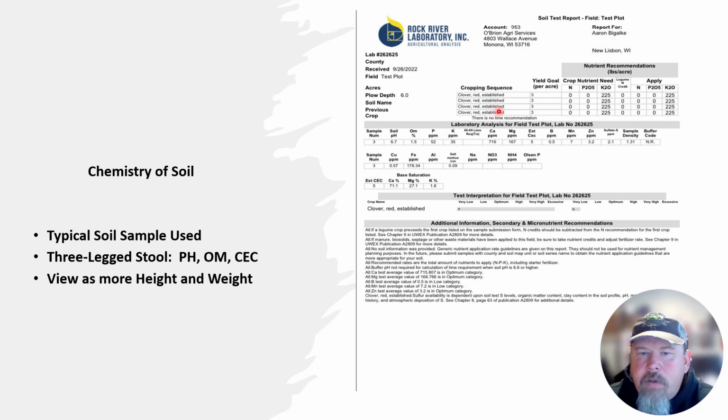The third thing I'd like to look at is the cation exchange capacity, which will be listed as CEC on your soil test. It indicates how well the soil can hold the plant nutrients. Clay ground is going to have a higher CEC than sand ground, due to the things we've already discussed: surface area, and the ability to have more negatively charged space to allow positively charged nutrients to be attracted and held in that section of the soil.